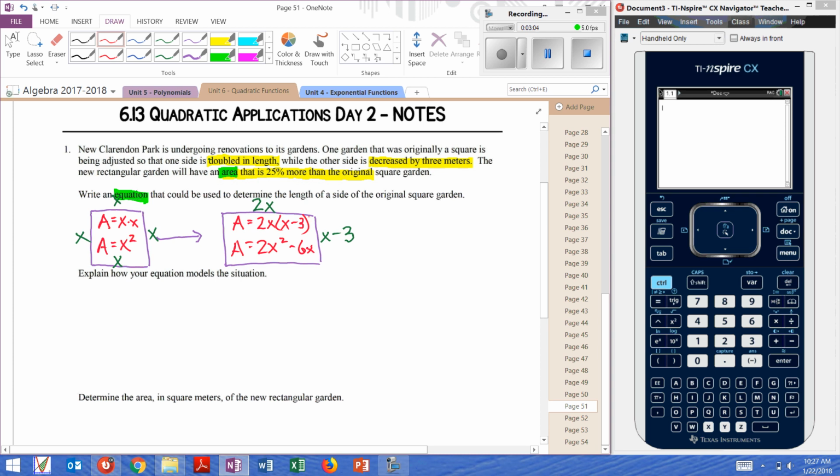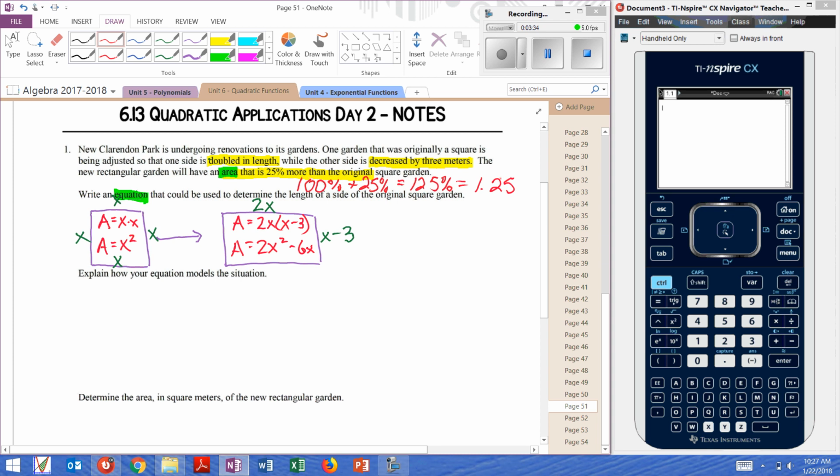So we have two areas. Okay. And what are we going to do with them? Well, we can compare them because the new rectangular garden has an area that is 25% more than 100%. So 100% plus 25 is 125%, which if we're dealing with math, we need to write that as a decimal.